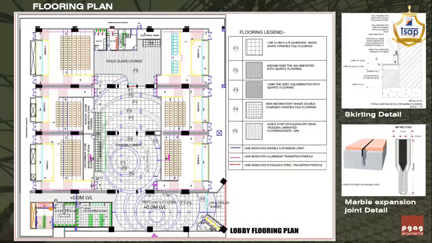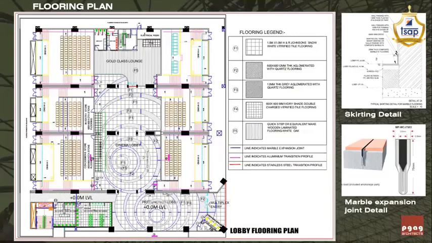Once the hard flooring is done and the entire site is done, then the carpet is laid in the last stage. Before that, only the IPS will happen inside the areas where something other than hard flooring is going to be laid. For example, in the Gold Class Lounge, where you see the wooden flooring, there also he is going to lay the IPS flooring a little lower.